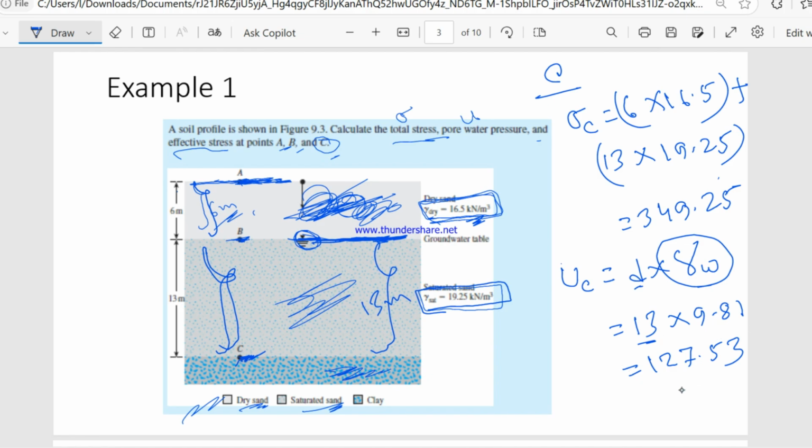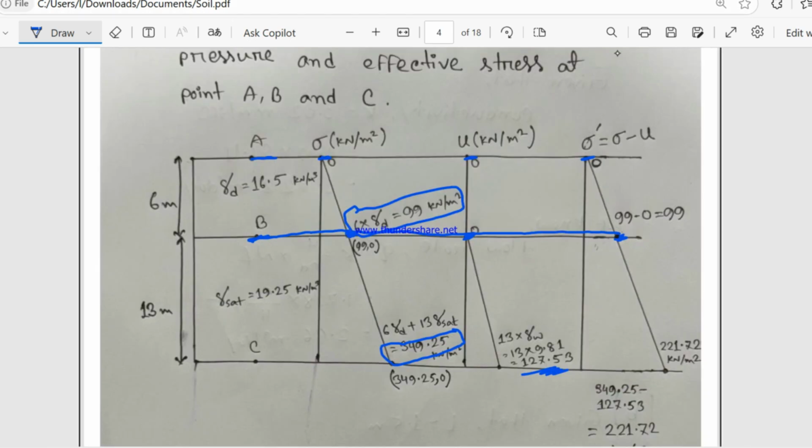So the value will be 127.53 kilonewton per meter square. Then what will the effective stress at point C? This is sigma C minus U C, which will be 221.72 kilonewton per meter square.